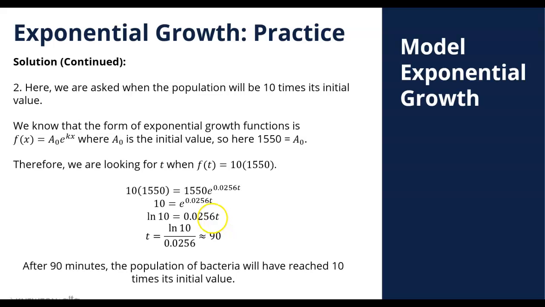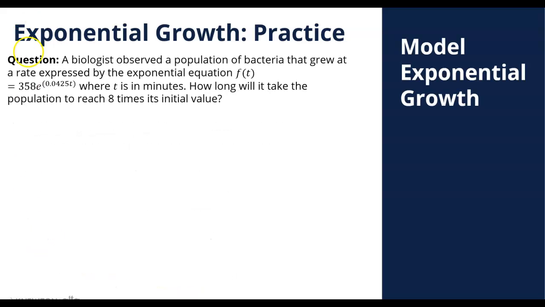And then, since we want to solve for t, we can divide both sides of the equation by this number, 0.0256. So therefore, t is equal to ln 10 over 0.0256, and that is approximately equal to 90. So we say that after 90 minutes, the population of bacteria will have reached 10 times its initial value.